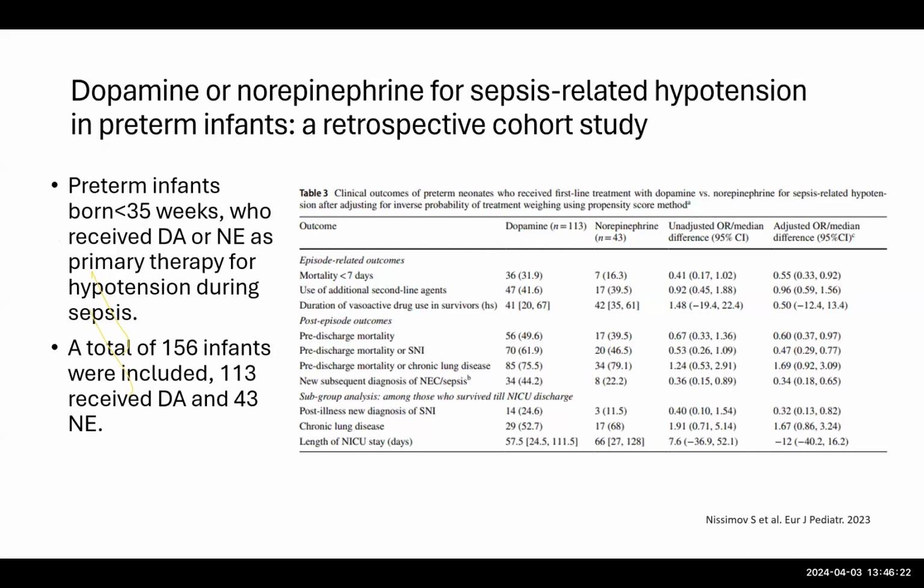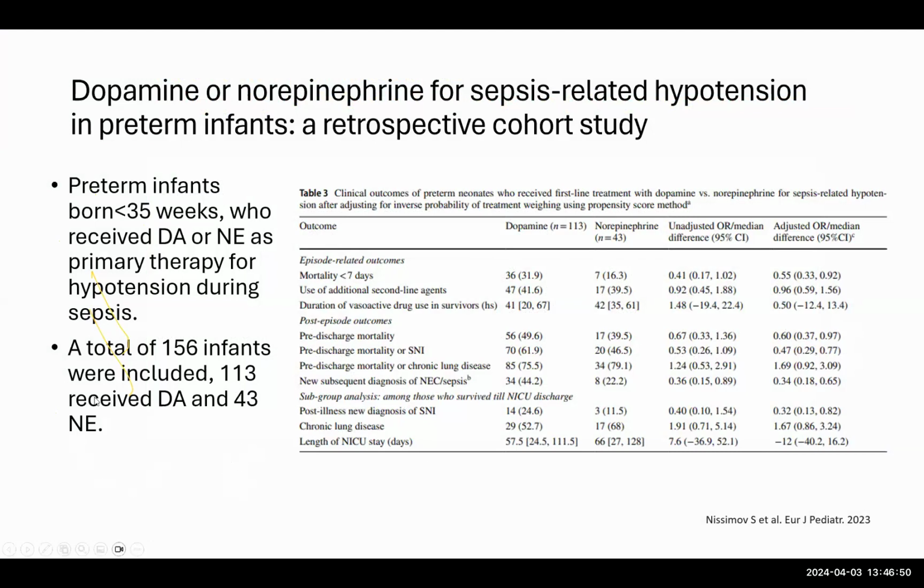In this propensity score matched study, what they found is that those receiving norepinephrine may have some advantage in terms of pre-discharge mortality or significant neurodevelopmental impairment as well.